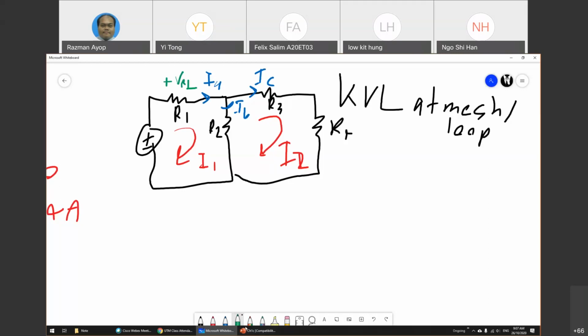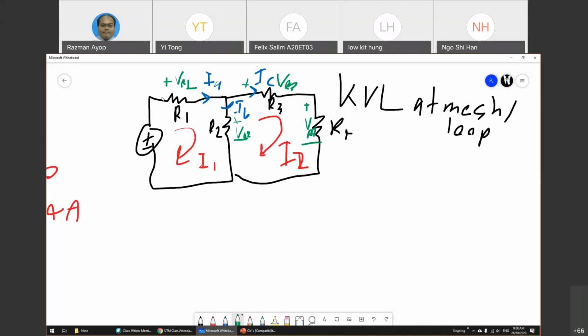For a resistor or any other passive element, resistor, inductor, capacitor, if the current is assigned like this, you have to put plus. The current goes into the plus side. This one is also the same, plus minus VR2. This one also, plus VR3. This one is plus VR4.